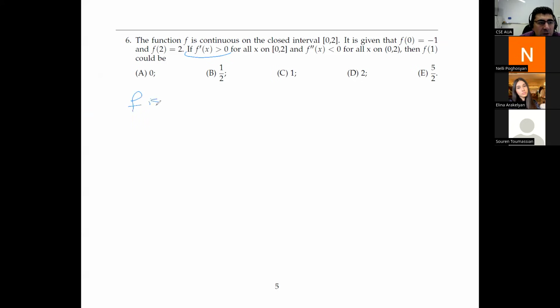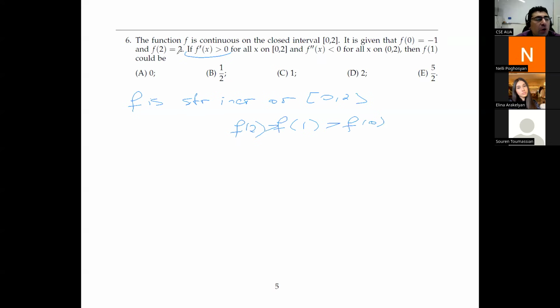So f is strictly increasing on the 0 to 2 interval, which means f(1) is strictly greater than f(0), and also strictly smaller than f(2). Hence, f(1) is greater than -1 and smaller than 2.